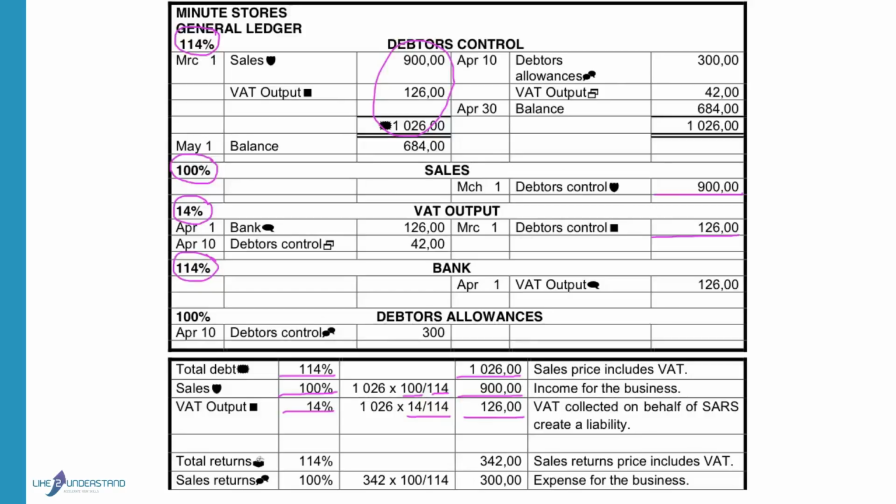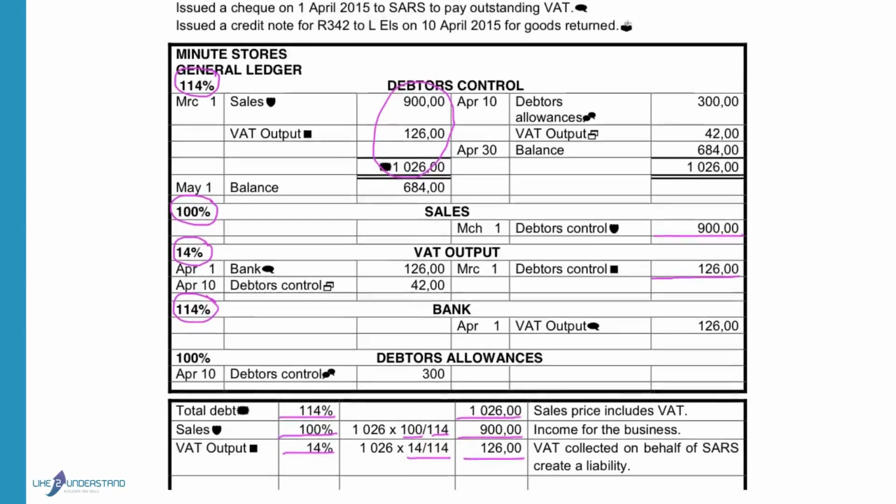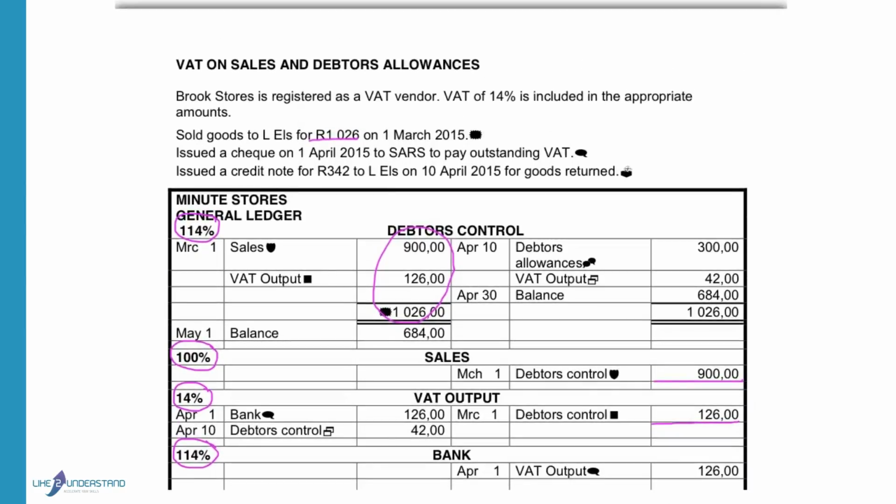Okay, so if we look at the second entry, issue a check on 1 April to SARS to pay the outstanding VAT. So the business will pay the VAT to SARS and the bank account will be credited and the VAT output account will be debited to reduce the amount.